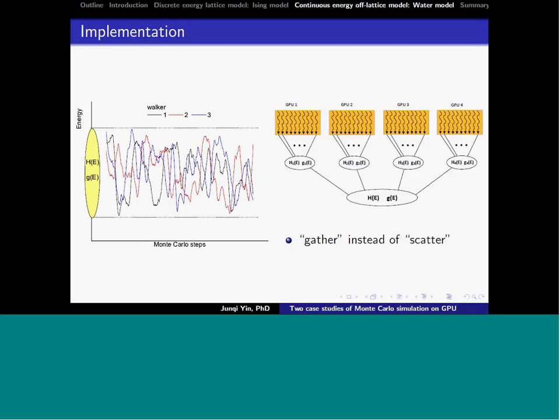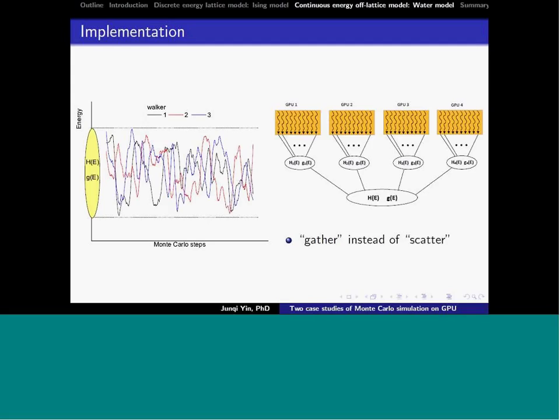So the implementation is just similar to the replica exchange, on multiple CUDA devices. Since every sampling is a random walk in energy space, let's say walkers 1, 2, 3, each performs a random walk within this energy space.